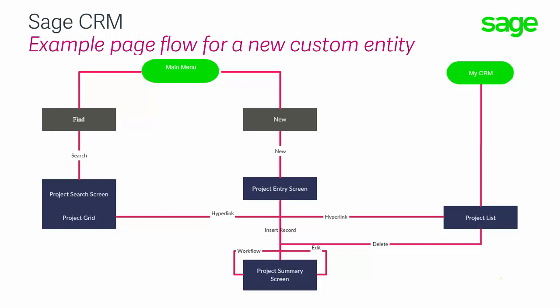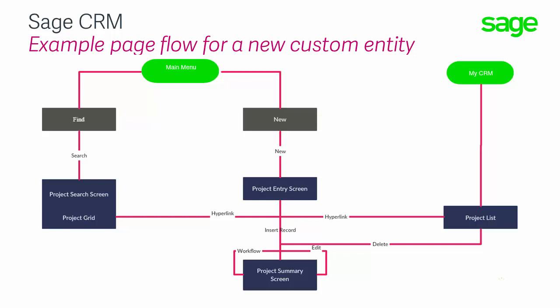One of the jobs that we would have to carry out as we are preparing to extend CRM is to think about how those new pages look, how they behave, and whether they are similar to the way in which we would expect this to work.